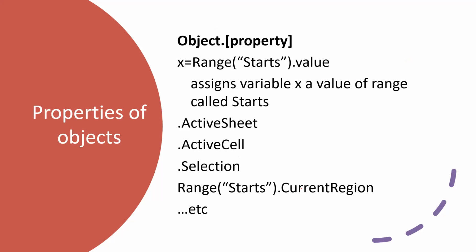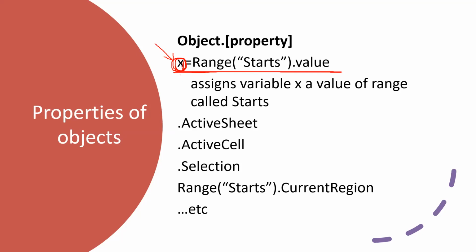We can assign values to these objects, or we can read values from these objects, right? For example, this statement: x = Range("start"). Here you can see always when we use an equal sign, we should have a place to store something. Then x is a temporary place in the sheet or in our program, right?